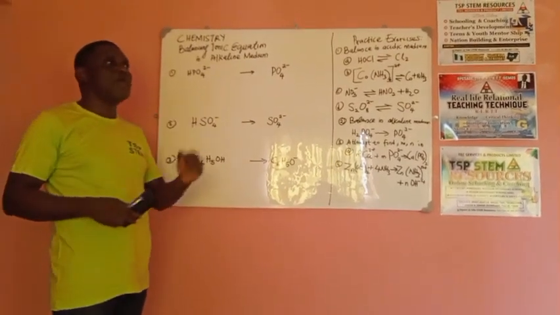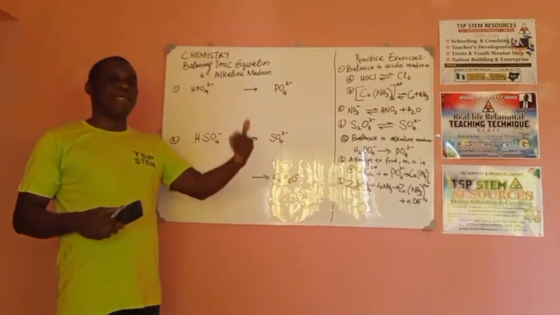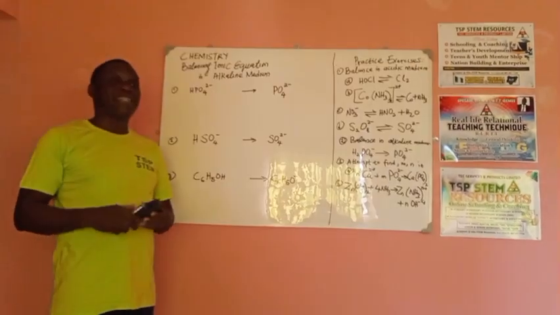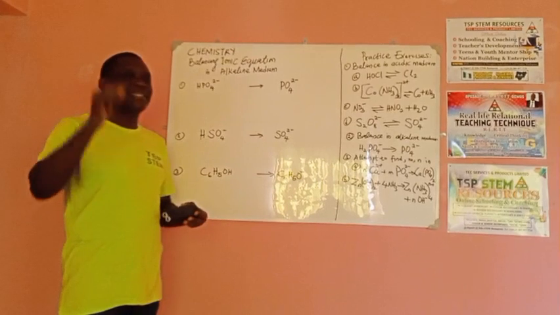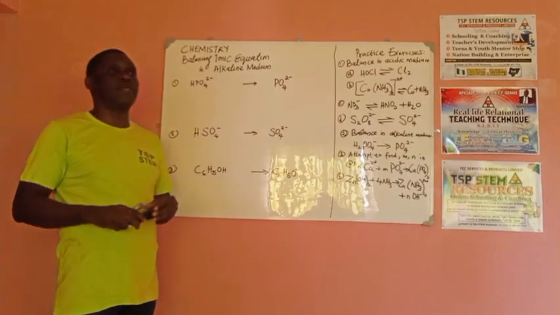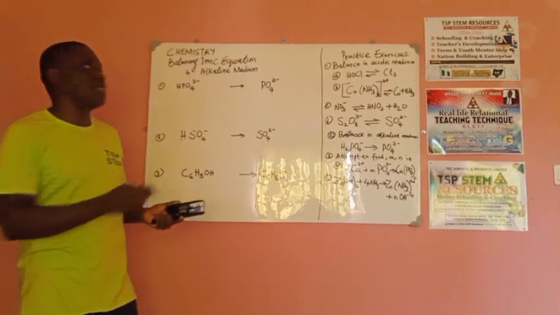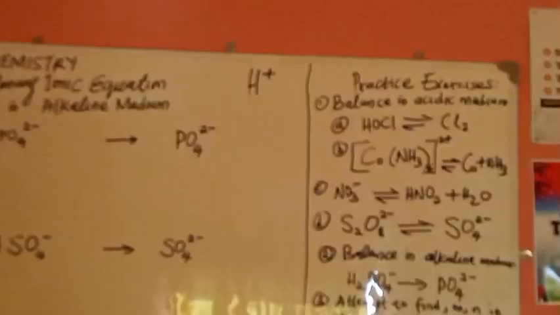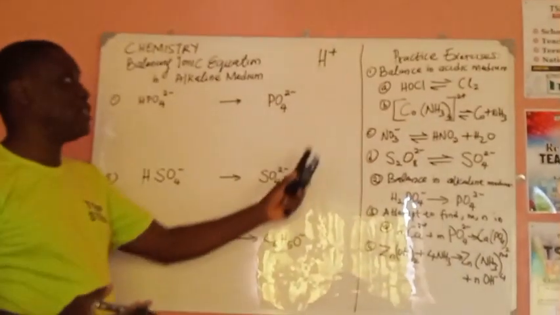You will recall that when you're balancing a chemical equation in an acidic medium, you try to balance the side of the equation, whether reactant side or product side, that is deficient of oxygen by adding appropriate molecules of water, because inside water there is oxygen. Then because it's acidic medium, you balance hydrogen atoms after that by introducing hydrogen ion, because an acid is a donor of proton, which is represented by hydrogen ion.